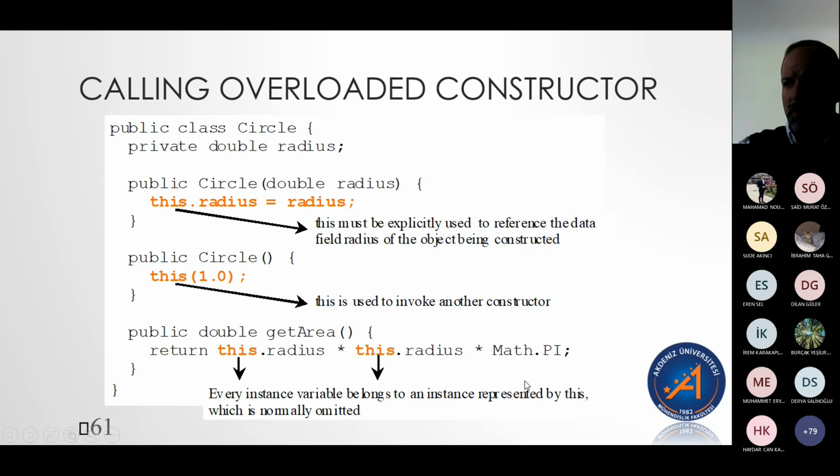Now here in this example down here, the this keyword is actually not required. Since there is no confusion from the compiler over which radius I'm talking about, then I actually don't need the this keyword here. Some programmers use it to make sure that they always know which variable in the class they're talking about.